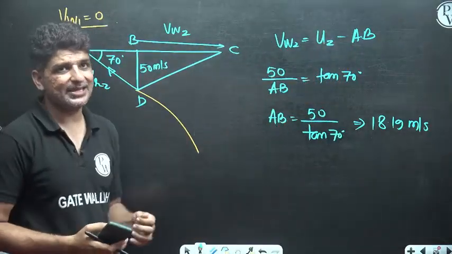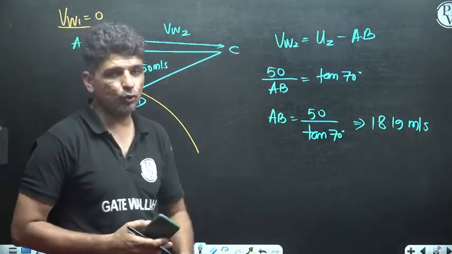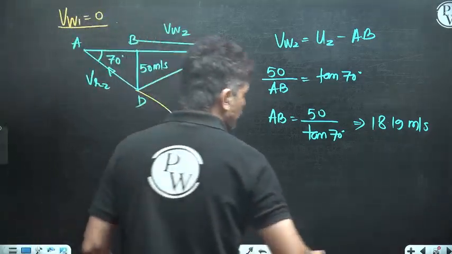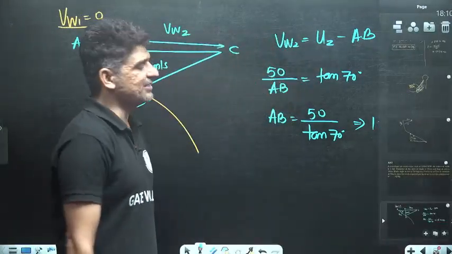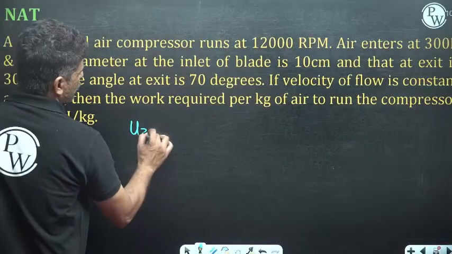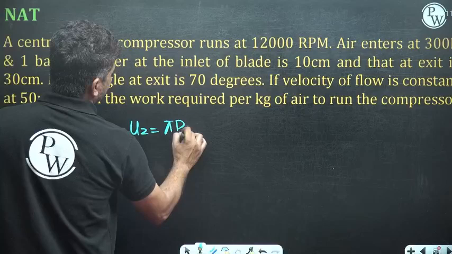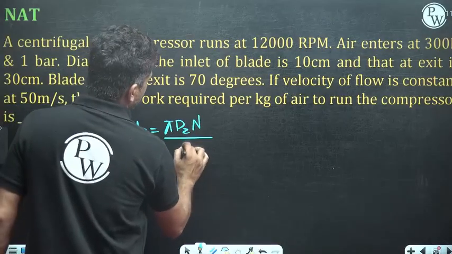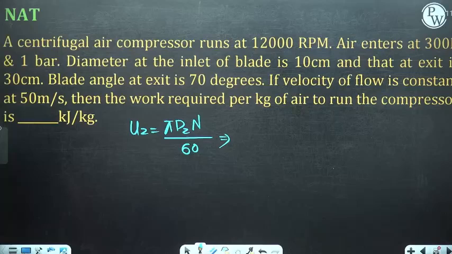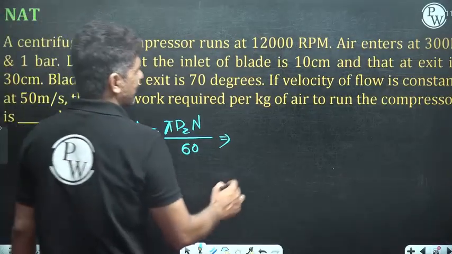Now once AB is calculated, you can calculate VW2. To calculate VW2, you will require U2. And how do we calculate U2? The diameter is given at outlet and the RPM is given. So U2 is equal to pi D2 N divided by 60. A compressor runs at 12,000 RPM and diameter at exit is 30 centimeter.